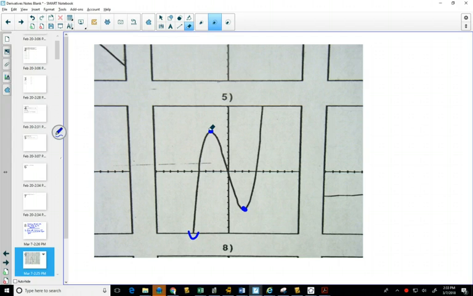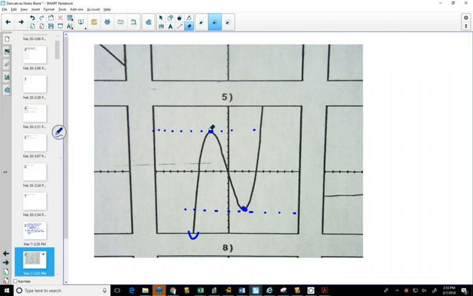But if you drew a tangent at a maximum or a minimum, what would that tangent look like? It would be a horizontal line. Does that make sense that anywhere where you have a maximum or a minimum, you're going to have a horizontal line as a tangent? And what's the slope of a horizontal line?